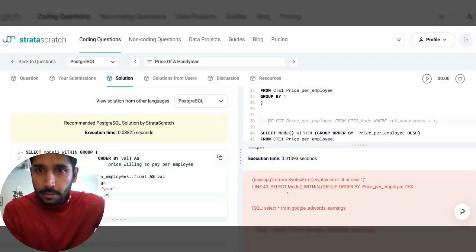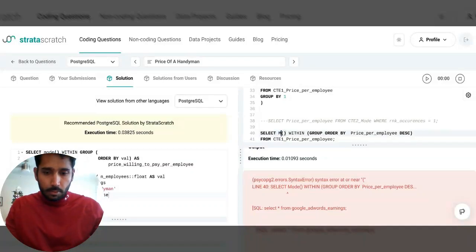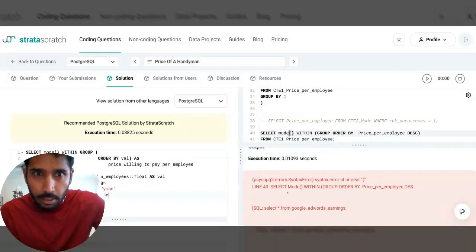Okay. Mode within. Okay, so that's the mode. Not much changing there. Within the group.